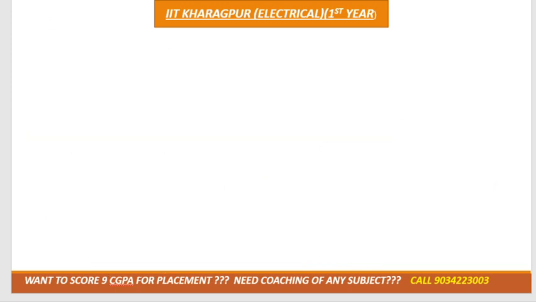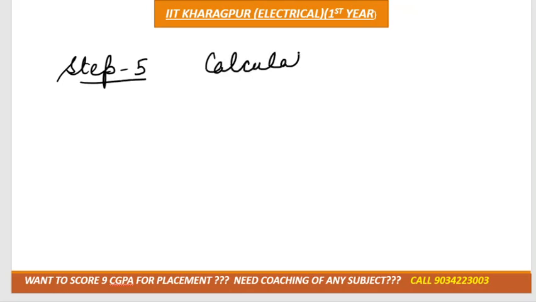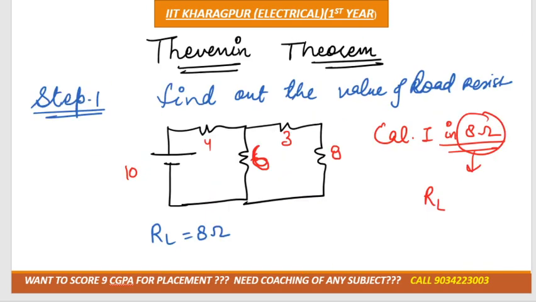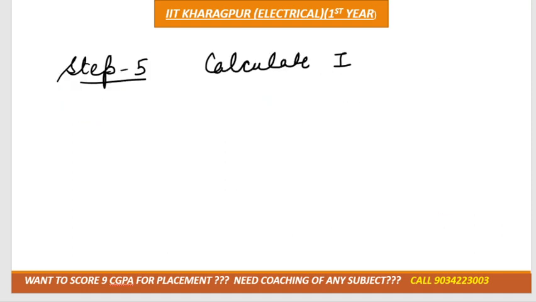Now in the last and final step, step number 5, we need to calculate the current, whatever they have asked. They don't ask you to calculate VTH, they don't ask you to calculate RTH, whatever they want. They want to calculate the current in the 8 ohm.